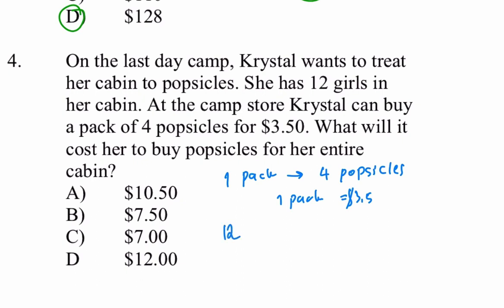So it's 12 over 4 equals 3. So you need to buy 3 packs, right? If one pack costs 3.5, to find the cost of 3 packs, we need to multiply 3.5 by 3. It will be 10.5. The answer is A.